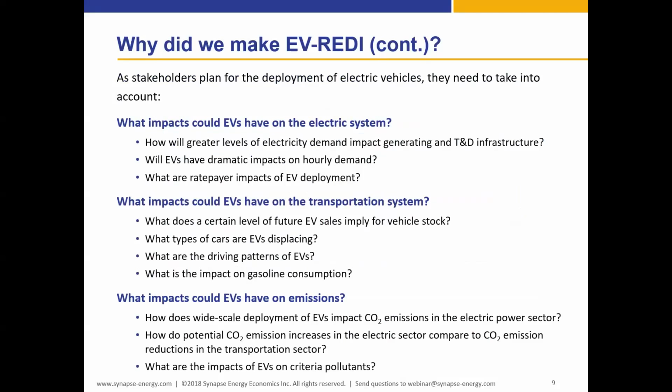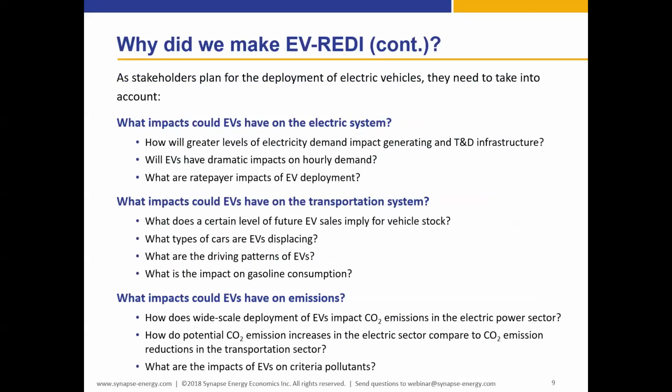Issues might include what sort of impacts might EVs have on the electric system, how might they impact total big picture demand and infrastructure for power plants, and how might they impact infrastructure at the distribution level in neighborhoods.